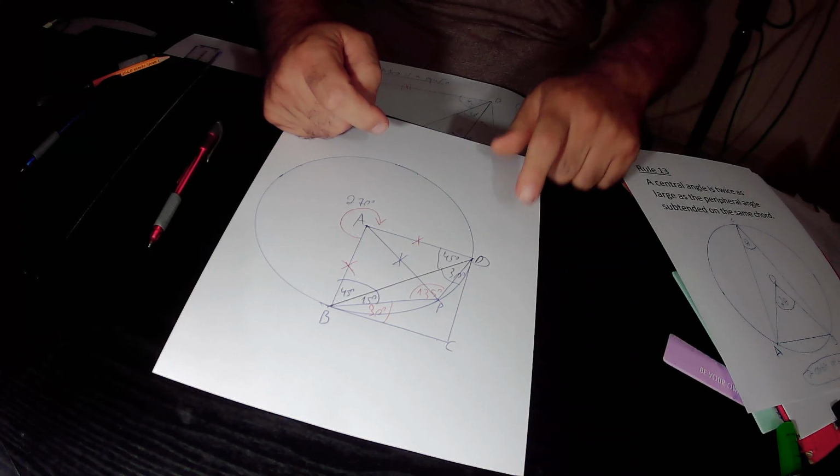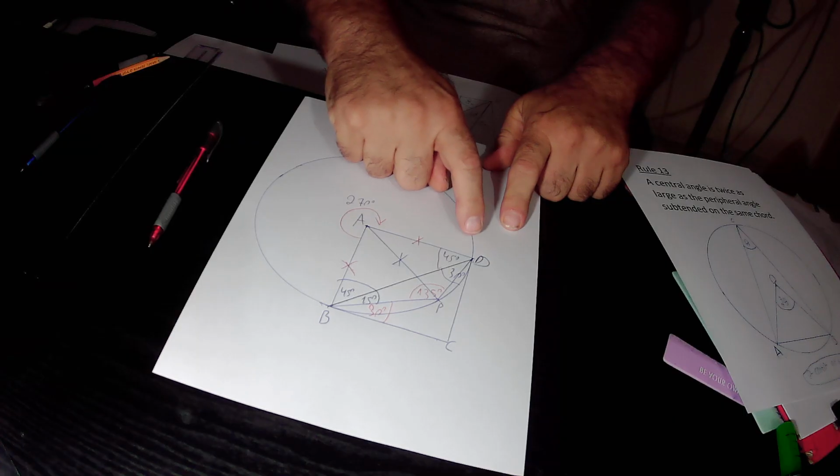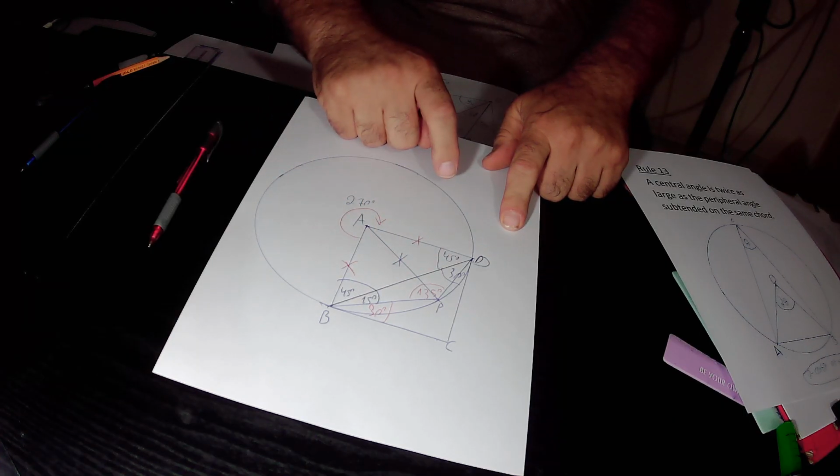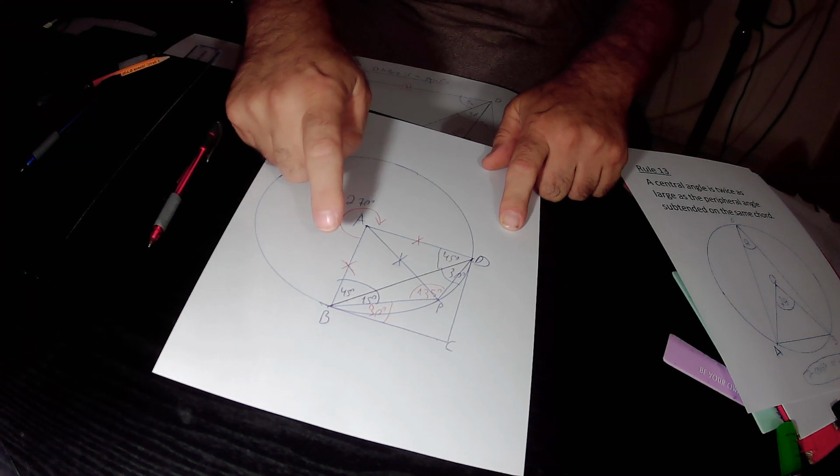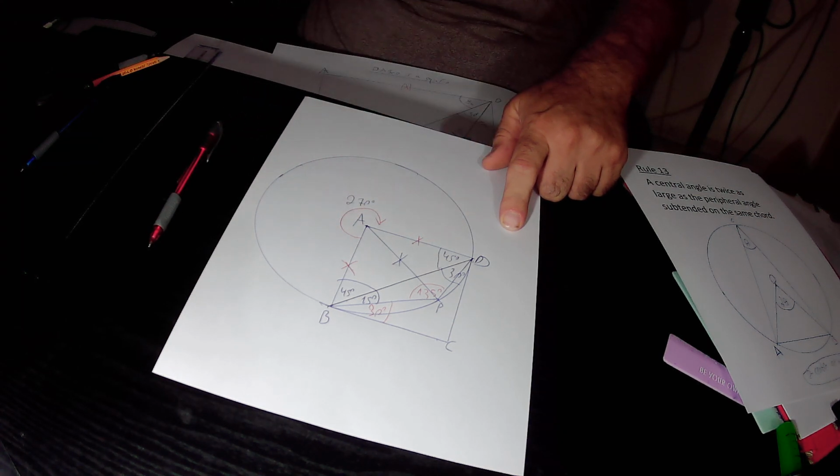Therefore, according to rule 15, angle DPB must be a peripheral angle because it is half of the central angle BAD that subtends the same chord BD.